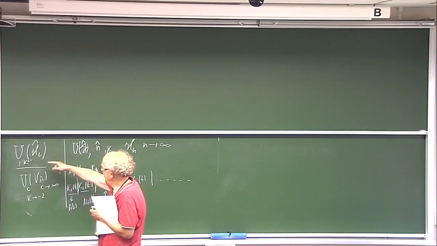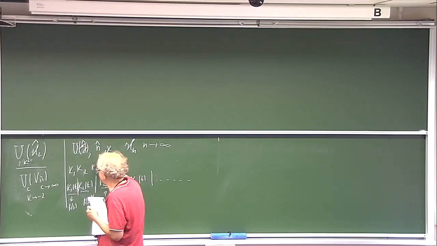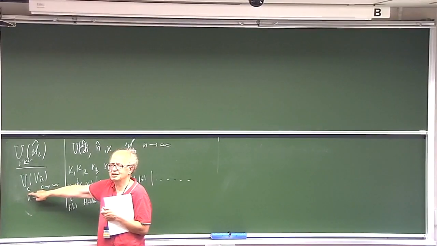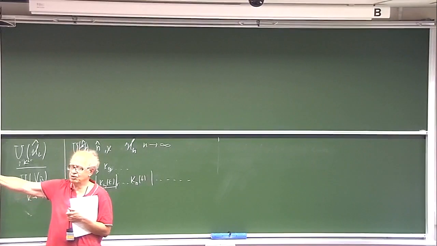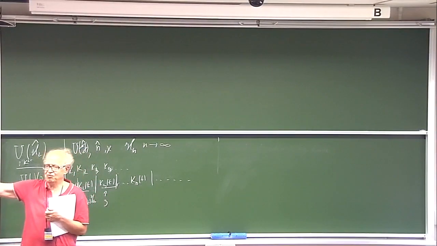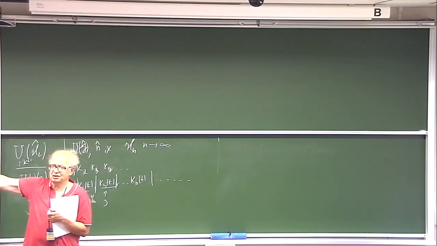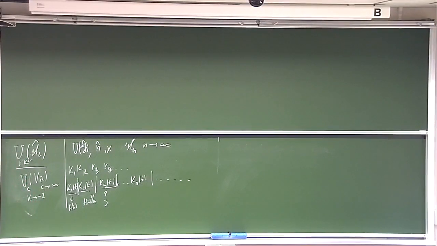We have this algebra, and if we send n to infinity in an appropriate way with C, then in the limit we find the universal enveloping algebra of this Lie algebra which we are talking about. This fact is known for maybe 20 or more years, but it is completely non-evident.